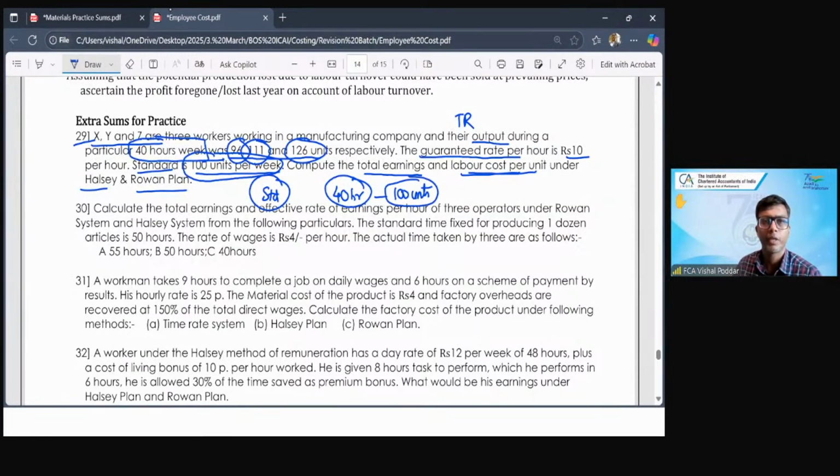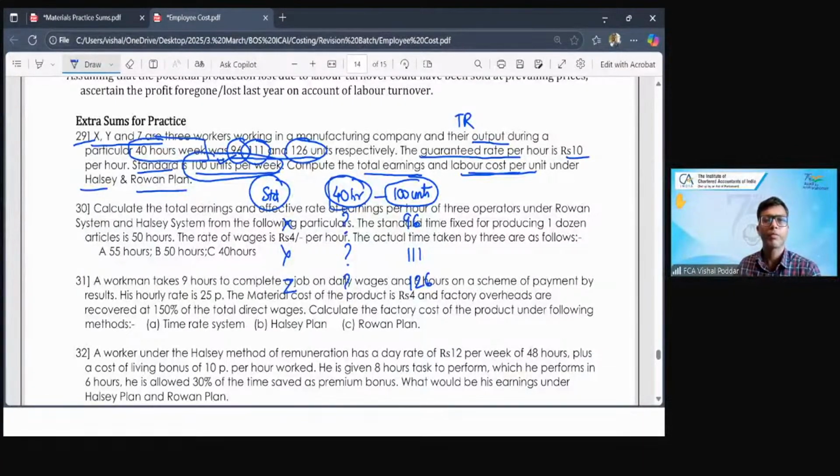Now I want to find out what is your standard time. Now every employee has produced something. So if X has produced 96, how much time he should have taken? This will be the standard time for X. Similarly, Y has produced 111. How much time he should have taken? That is the standard time of Y. Similarly, Z has produced 126. How much time Z should have taken? This is the standard time of Z.